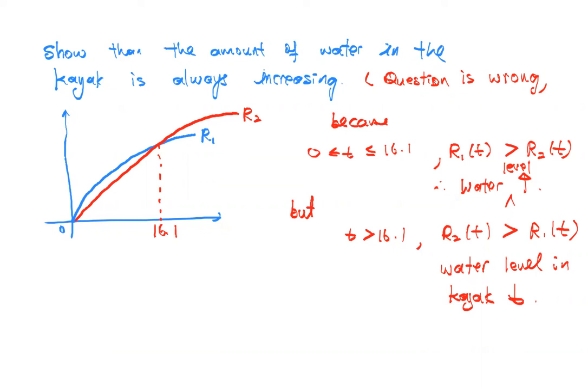I can also put the question in such a way. When does the level of the water in the kayak stop rising? Boleh tak? Yeah, stop rising at this time. So semua pun boleh. That's why when you look at one question, you go into the graph.